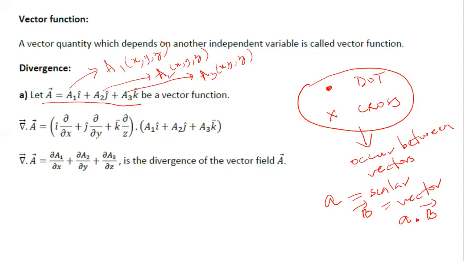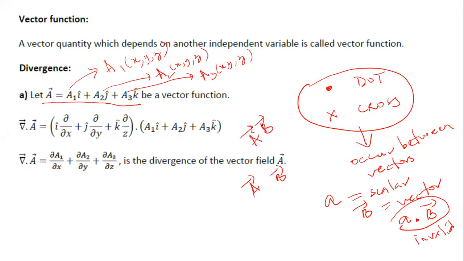So you see that one is a scalar, one is a vector. You cannot simply put a dot product or a cross product between these two. This kind of operation is invalid. But suppose I have two vectors, let's say vector A and vector B. You cannot simply write vector A, vector B like this.